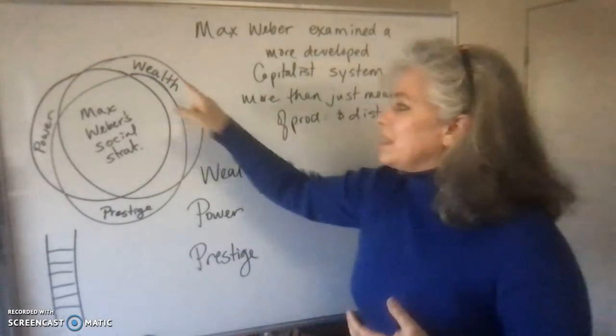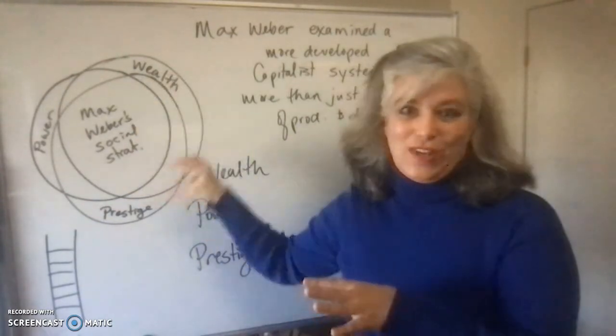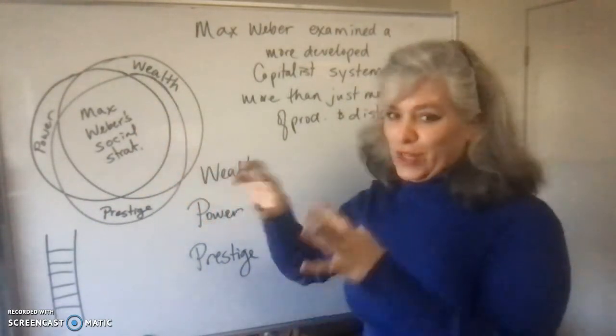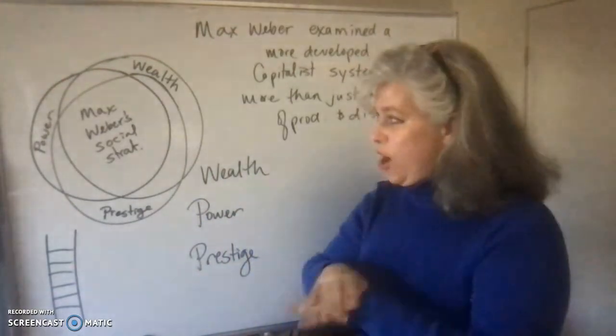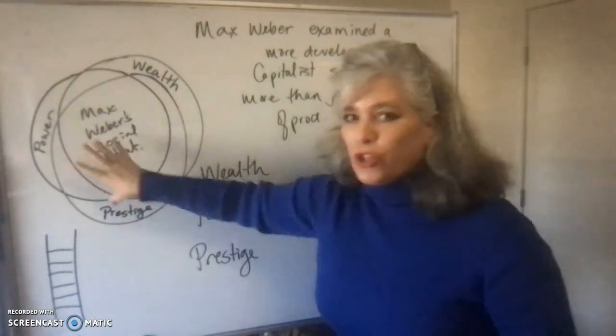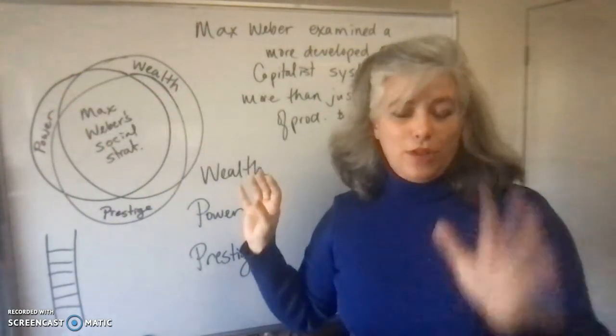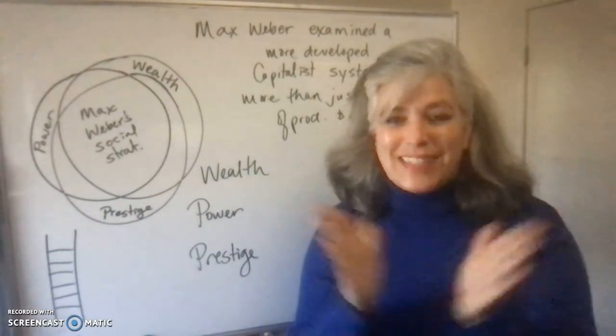And Max Weber said it's a combination of all of these things. So my concentric circles over here that I tried to draw, three concentric circles, very much overlapping, none of them standing on their own. Power, wealth, and prestige. These three ascribed, I keep on saying that. No, not ascribed. Achieved statuses.